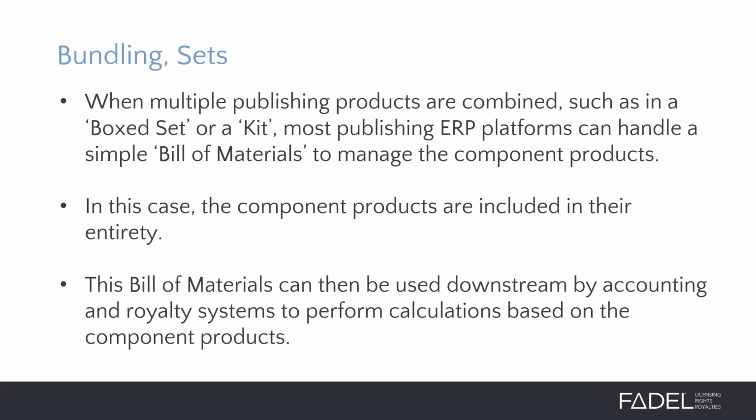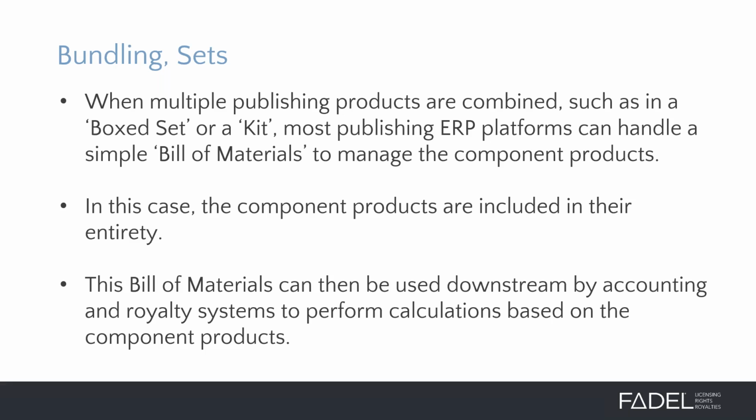So now, if we talk about more of the physical things, this is less of an issue. I'm distinguishing this: there are traditional processes of bundling, box sets, kits, where the bundled product is actually produced, it's manufactured, and there is a process that's managed through the ERP platforms with a bill of materials within the ERP to manage the construction of the product, which has been pulled together.